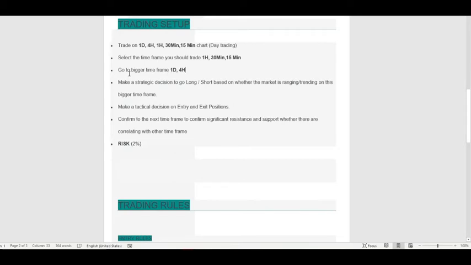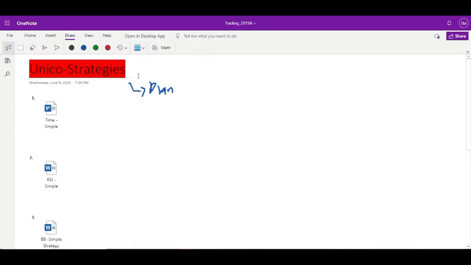So first, go to a bigger time frame to analyze whether there are good supports that are stronger or more significant in the higher time frame. Which higher time frames are we talking about? It's 1 day and 4 hour. So let's say this is a 1 day or a 4 hour time frame.